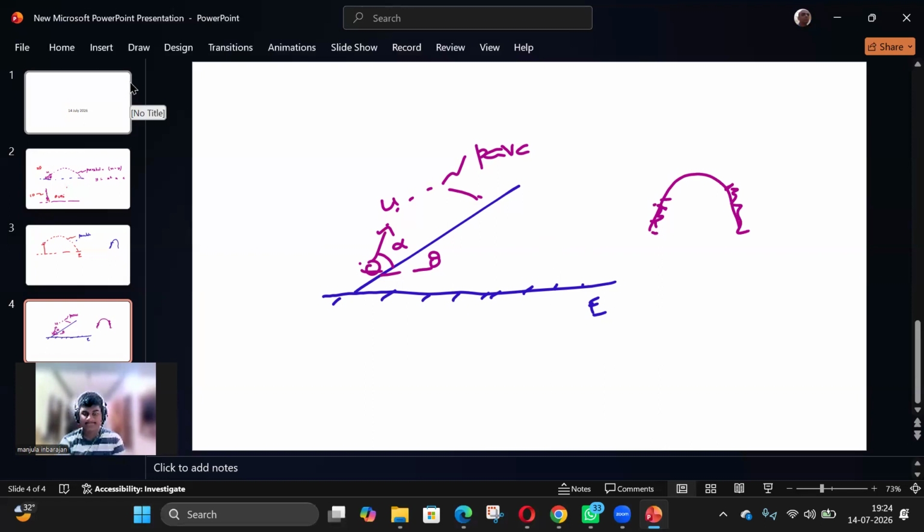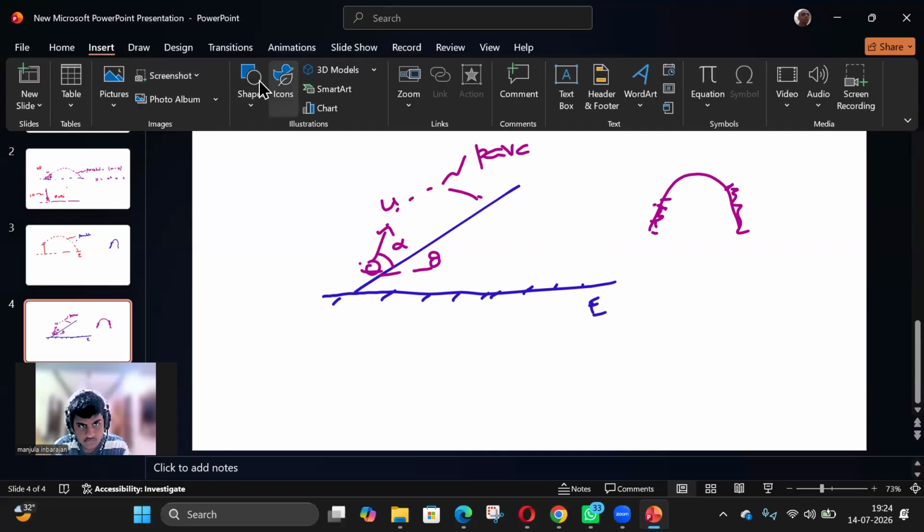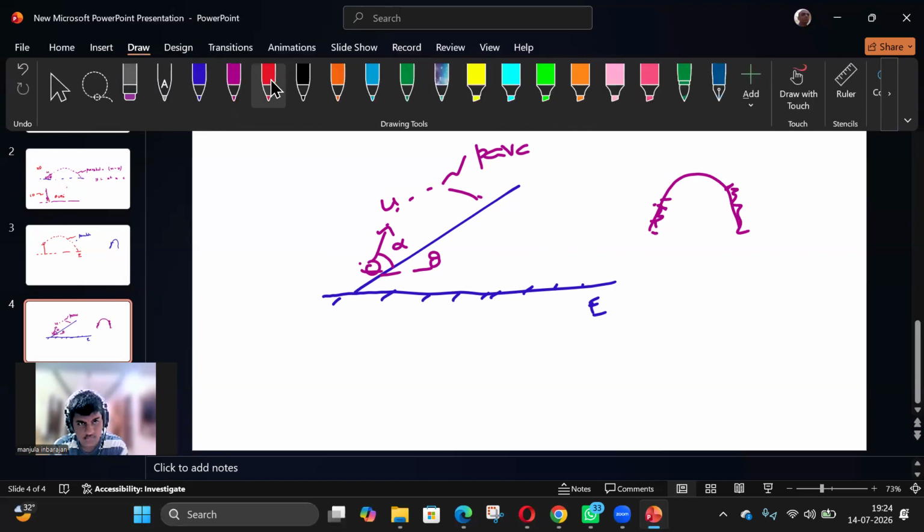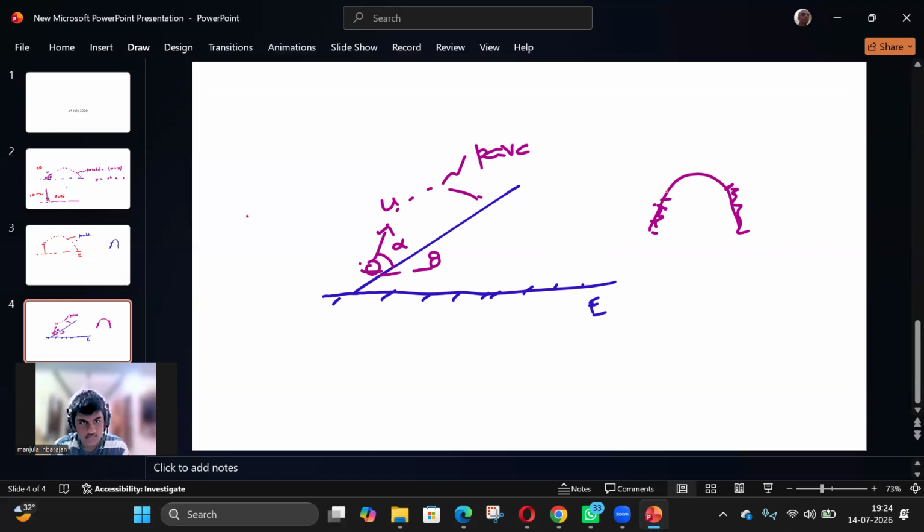So the next complication is, instead of throwing from the bottom, I can throw from the top also, from a higher place. It could be anywhere. From here I can throw at some angle, may not be horizontal.